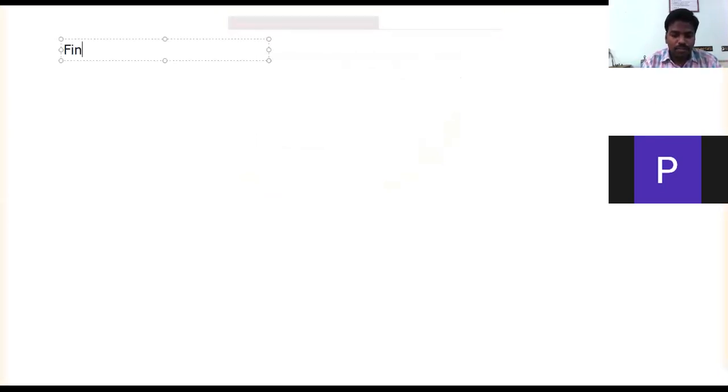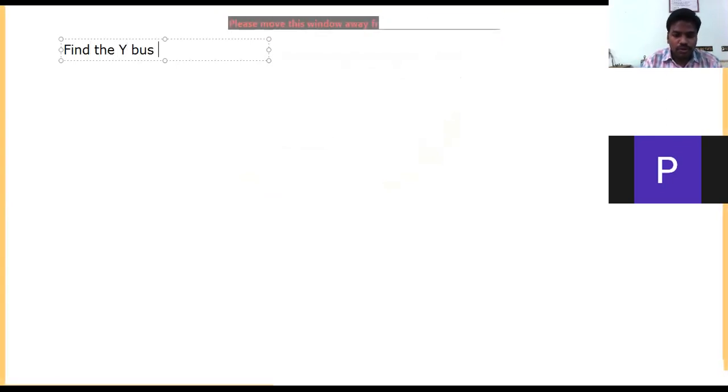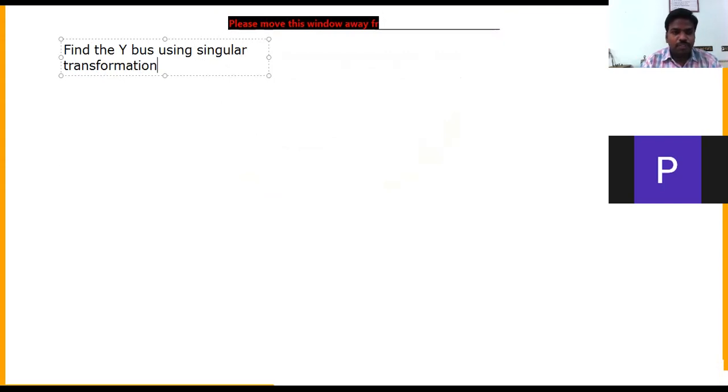Find the Y bus using singular transformation.